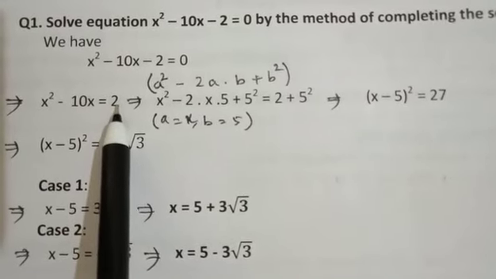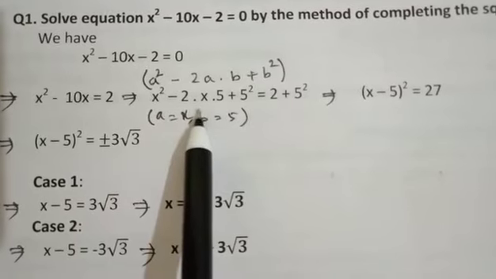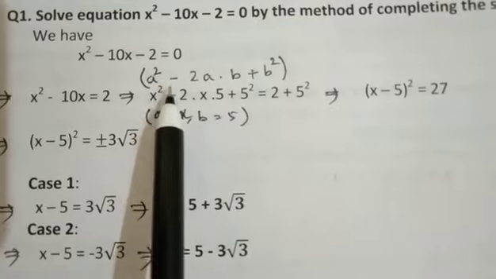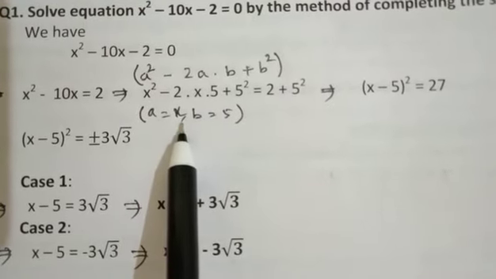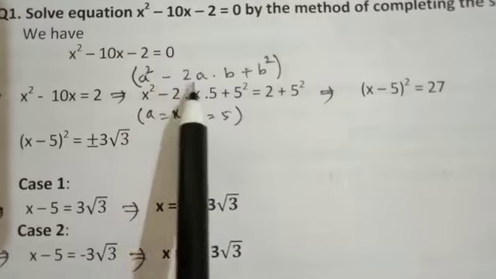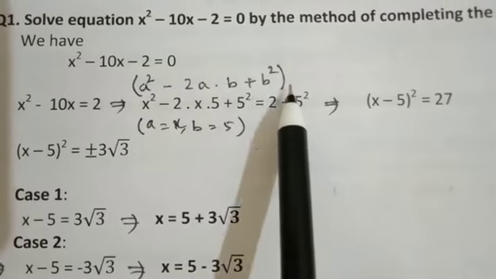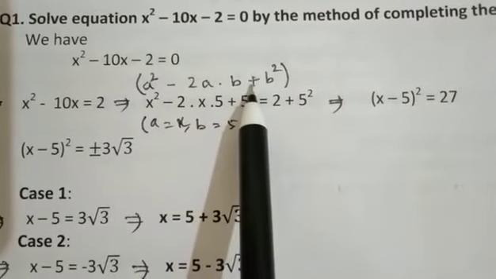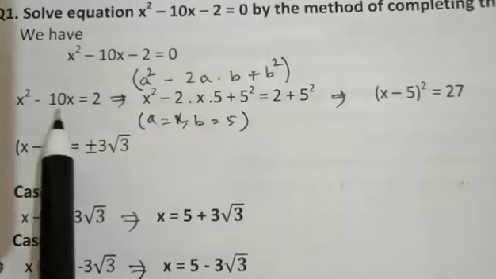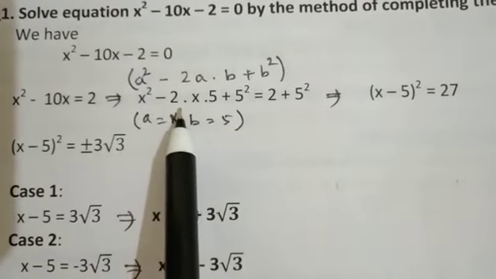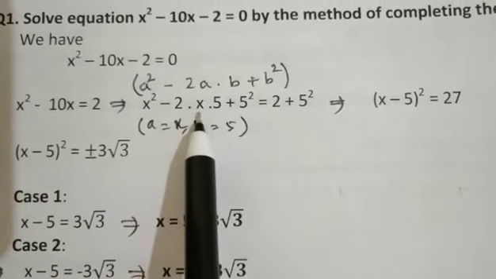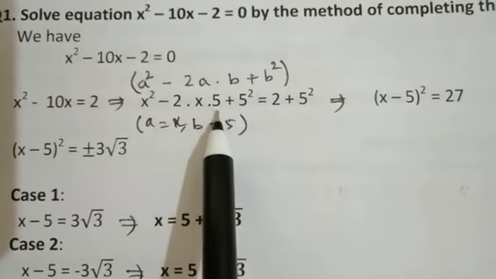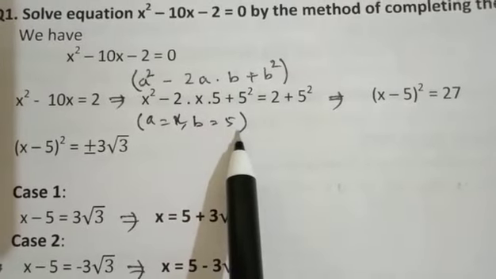Now after this, the second step, this is a very important step. This is x square. I have taken a as x. Now if I go for the formula a square minus 2ab plus b square, then the middle term should be in the format of 2ab, and this is how I have written 10x. 10x can be written as 2 into x into 5, and on the basis of this I can say that b is 5.